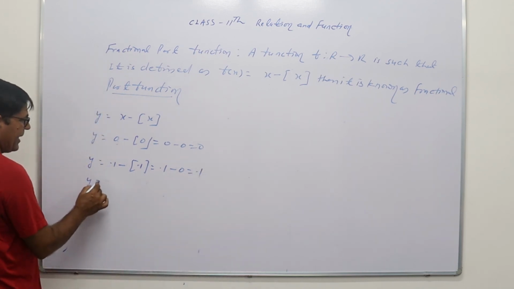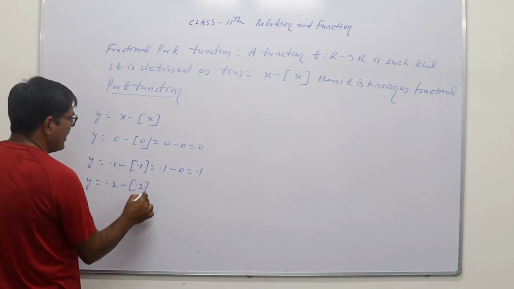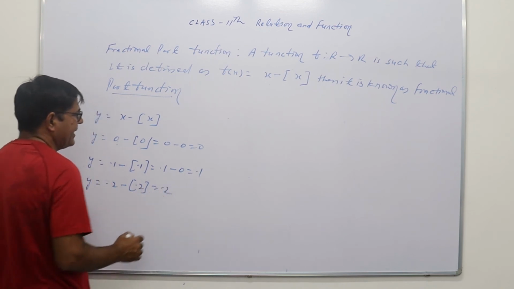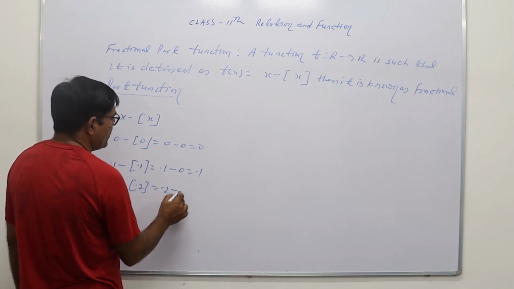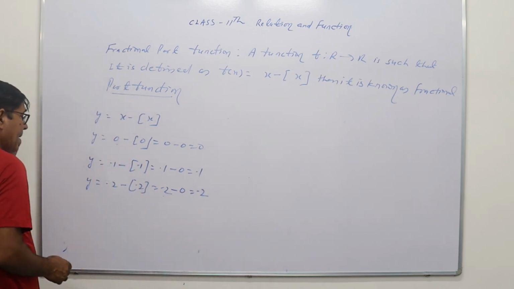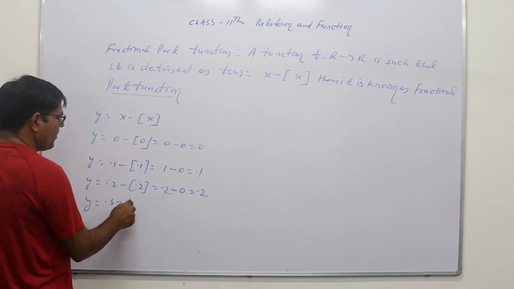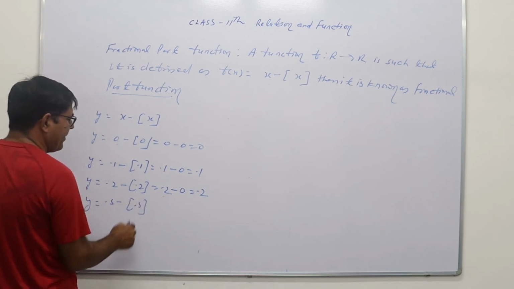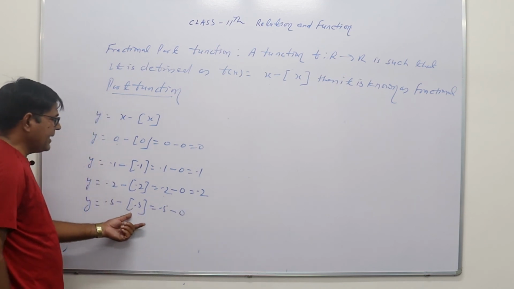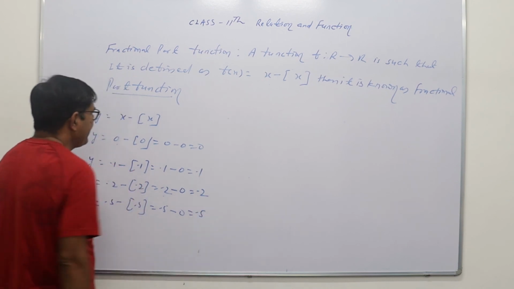For x equal to 0.2, it will be 0.2 minus 0, which is 0.2. And for 0.5, it will be 0.5 minus greatest integer of 0.5, which is 0, so it will be 0.5.